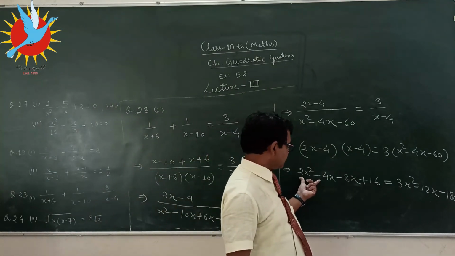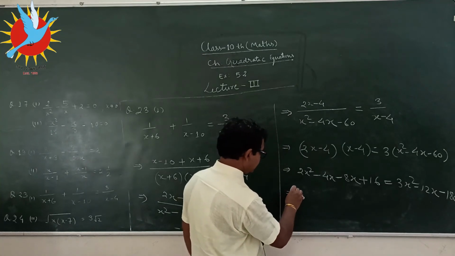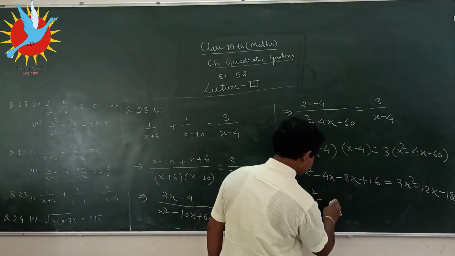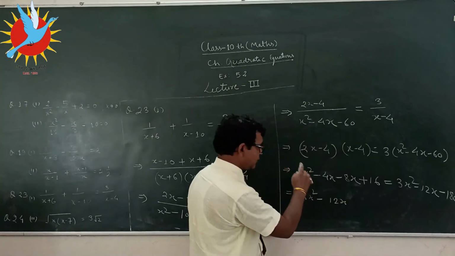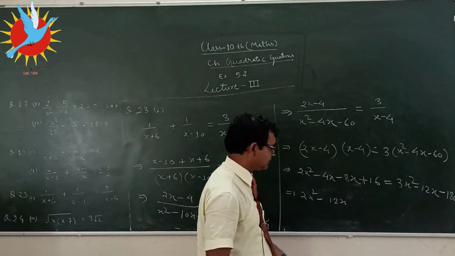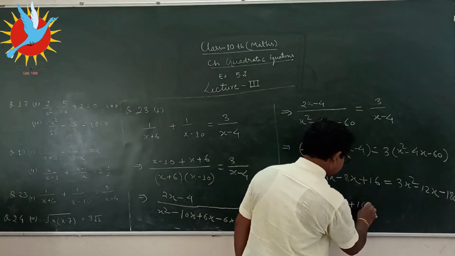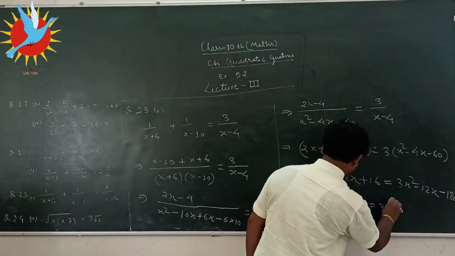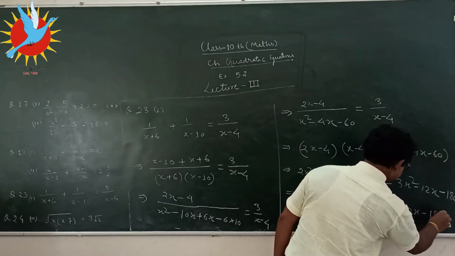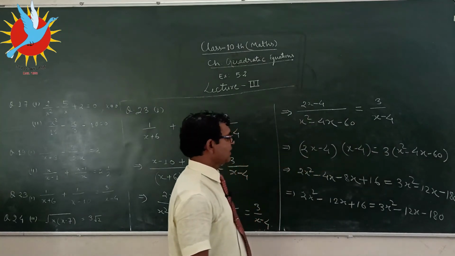Now solve further: 2x square minus 4x minus 8x, the signs of both are same, so both would be added, 4x and 8x become 12x, plus 16 is equal to 3x square minus 12x minus 180.